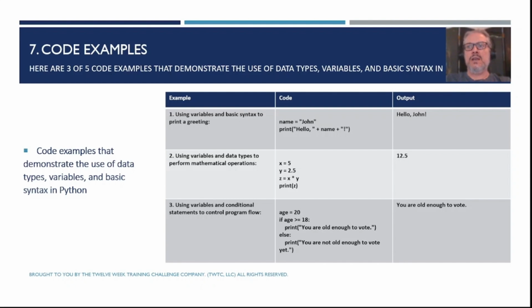Number 2 is using a variable and data types to perform mathematical operations. You can have x is equal to 5, y is equal to 2.5, z is x times y. So what you're doing is putting 5 into memory, then putting 2.5 into memory, then x times y is going to equal 12.5. 12.5 has a decimal point, and we call that a float.